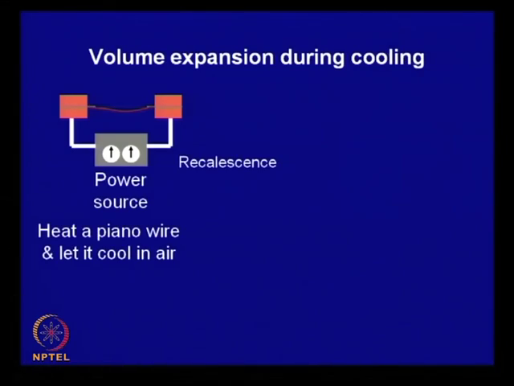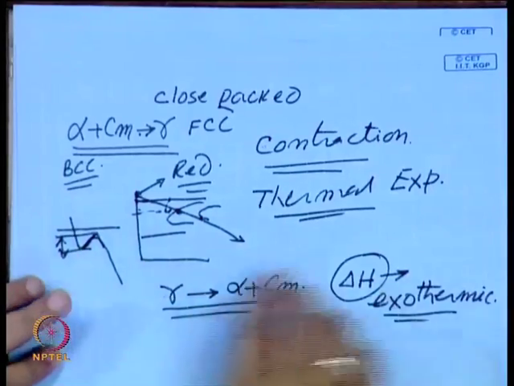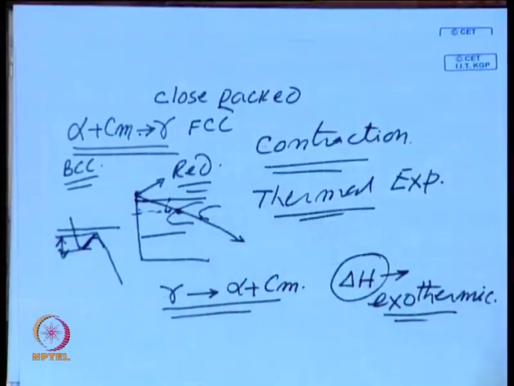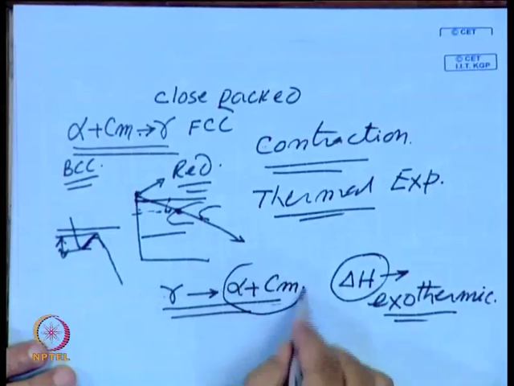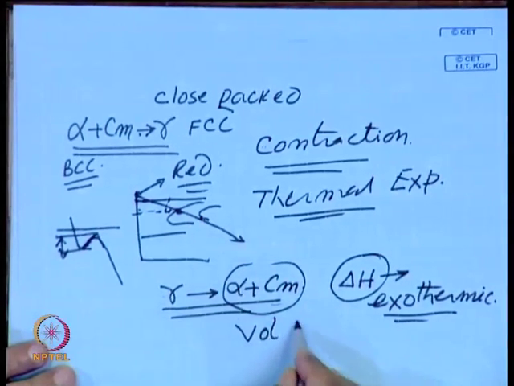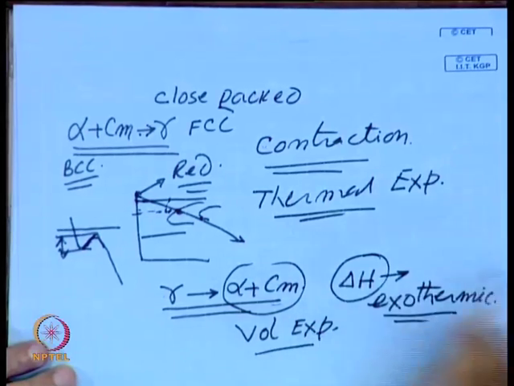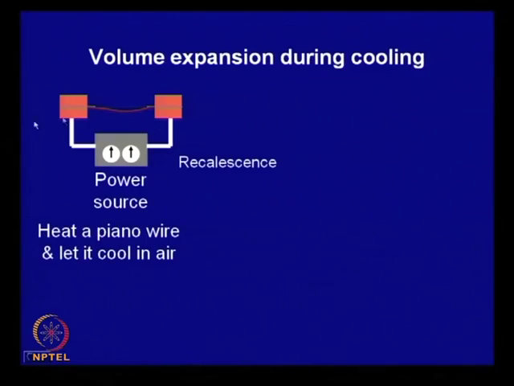And when it becomes red, you will find that it sags, because there is thermal expansion, and also there is expansion when this transformation takes place. This also is a volume expansion. So, both add together, and this sagging is visible. This process of getting heated up again is called recalescence, and in this experiment it becomes visible.